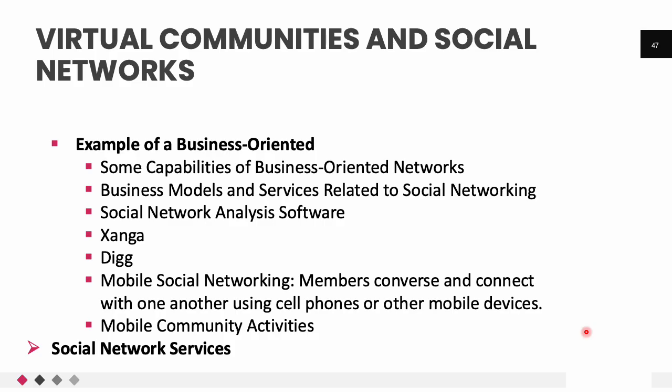Okay, and then the next one, talking about mobile social networking. Yeah, so members converse and connect with one another using cell phones or other mobile devices, right? Yeah, so this highlights the crucial shift towards using social networks on our smartphones and tablets.